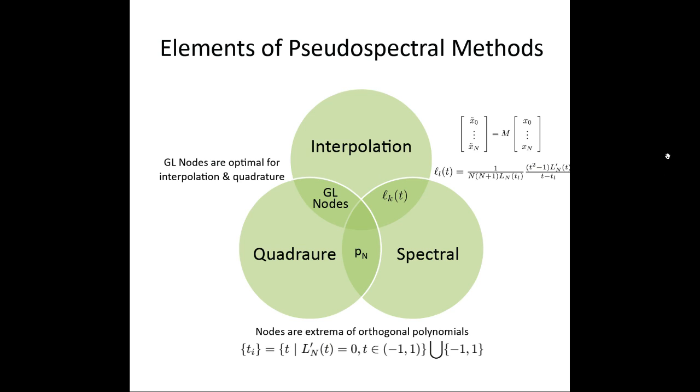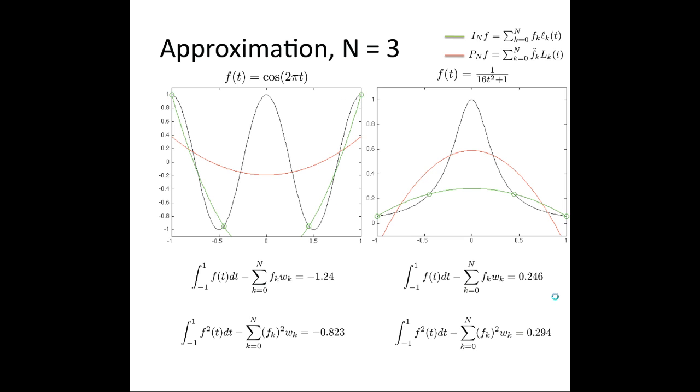So to summarize the elements of pseudospectral methods, we have spectral representation, interpolation, and quadrature. So Gauss-Lobato nodes are optimal for interpolation and quadrature. We use Lagrange polynomials for approximation and interpolation, and we can use an orthogonal basis that is optimal for quadrature for the spectral approximation and obtaining optimal collocation points.